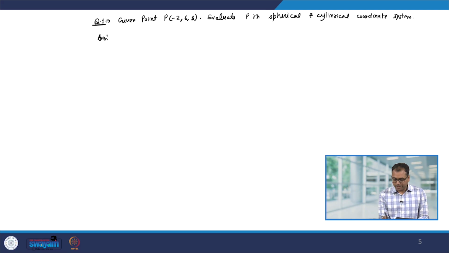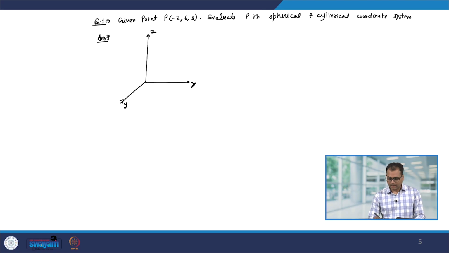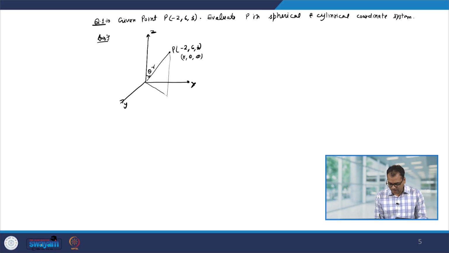So, the point is given in Cartesian coordinate. So, let me make the Cartesian coordinate x, y and z, and let us say the point P is here -2, 6 and 3. Then in a spherical coordinate system, you have the coordinates r, theta and phi. So, let us say this is r, and the angle that this r is making from the z axis is theta, and its projection that makes the angle from the x axis is phi.